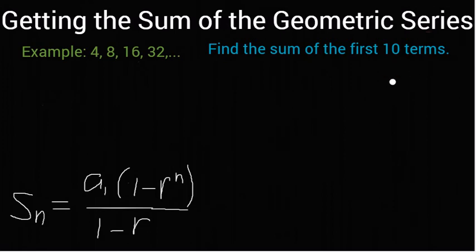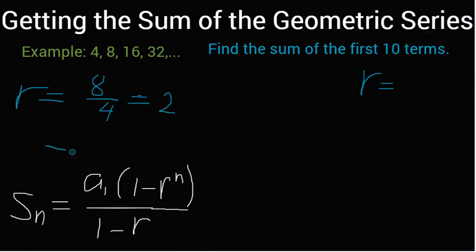So with that, we need to have our given. Our given are the following. We have r is equal to 8 divided by 4, so this is 2.